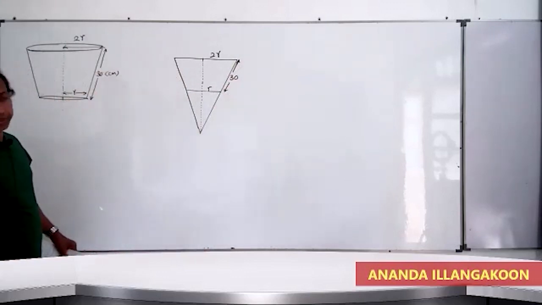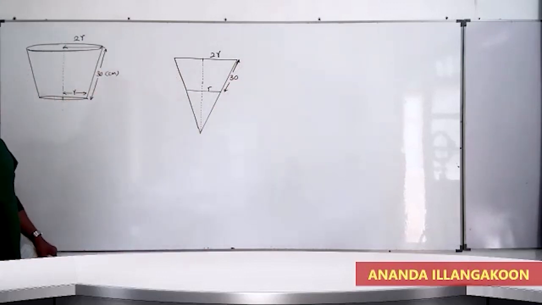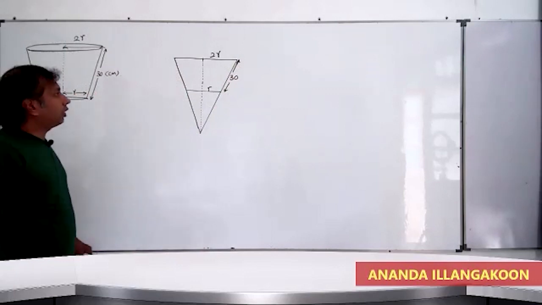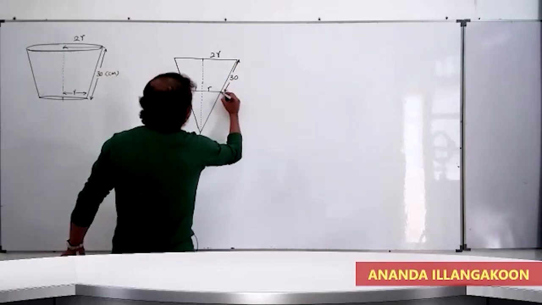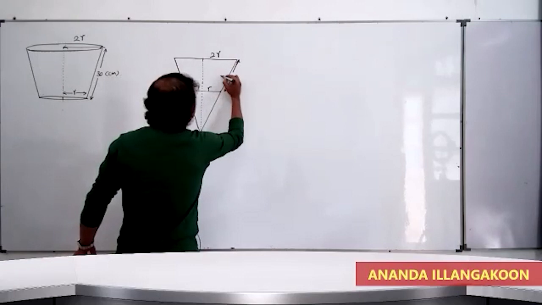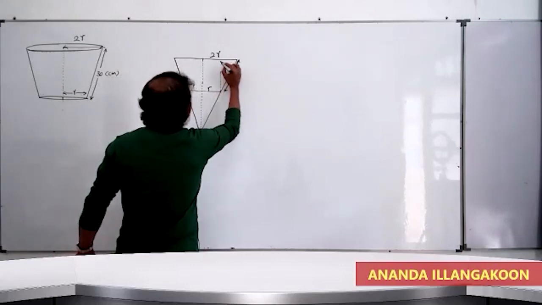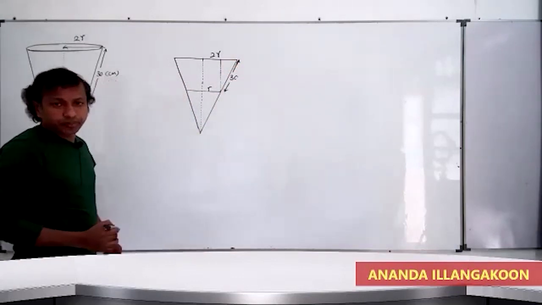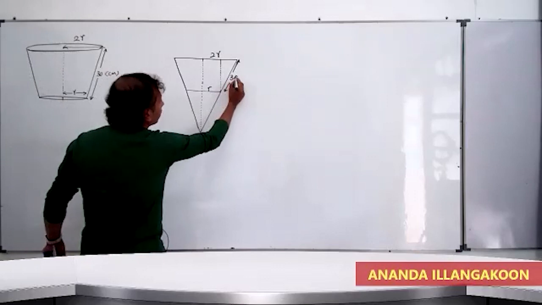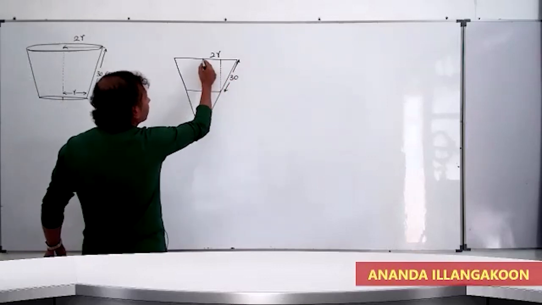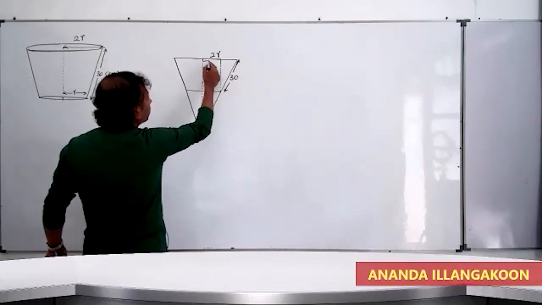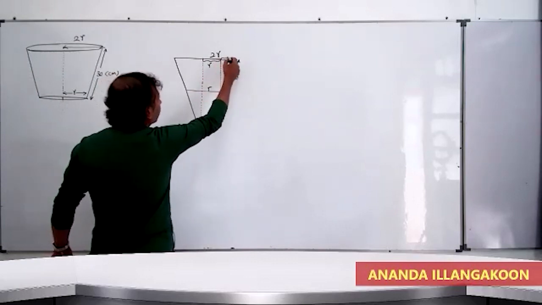Okay. Then you can very clearly see here, if you draw a vertical dotted line here, like this, people. This is r. Therefore, this is also r.